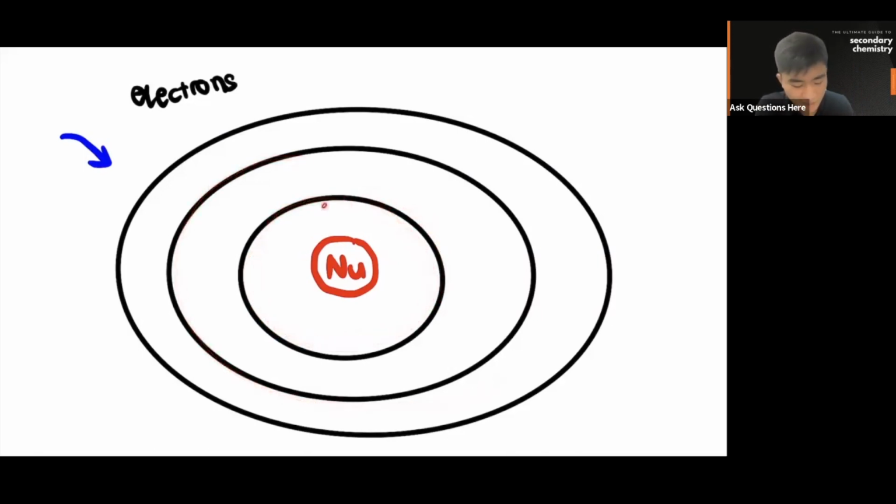So how many car park lots are there? There are only 2 car park lots. Therefore, I can only have 2 electrons in the first level, the innermost electron shell, the one closest to the nucleus. So the first electron shell has a maximum of 2 electron spaces.